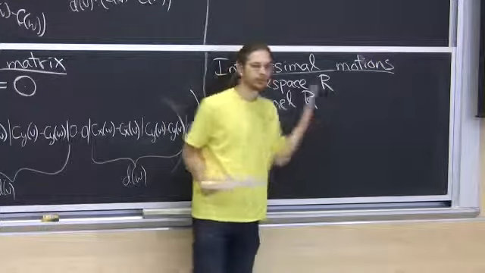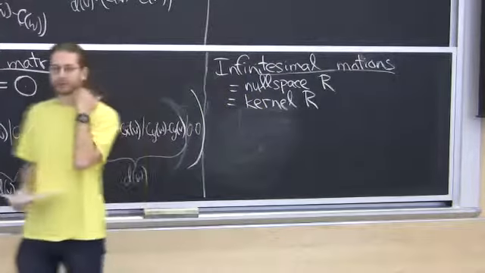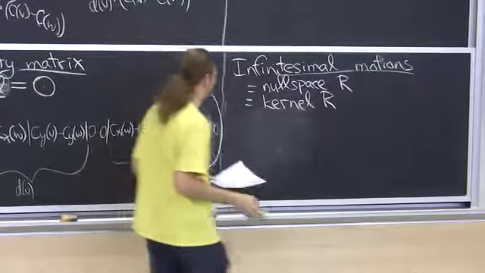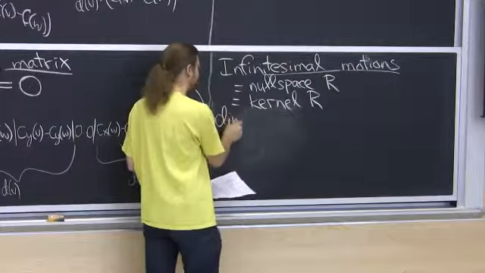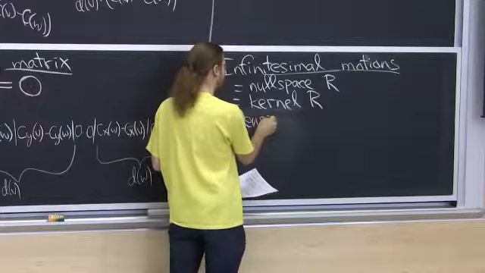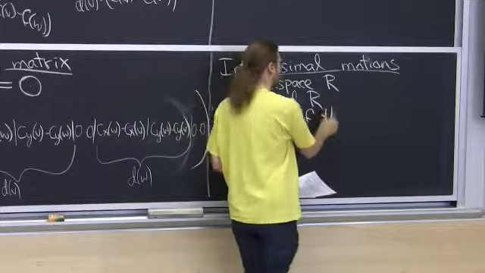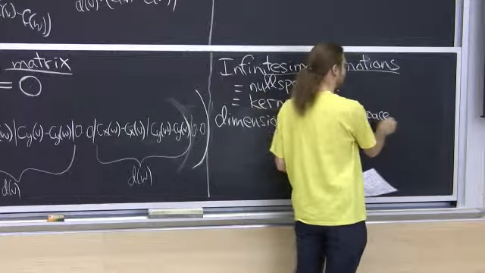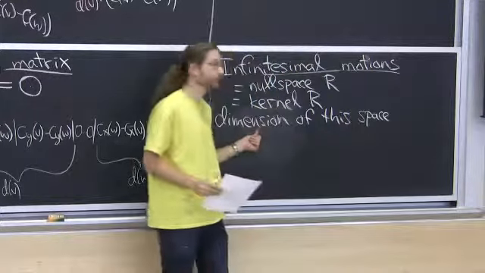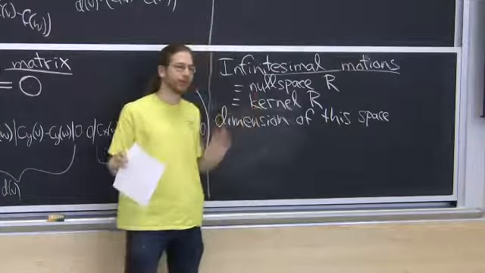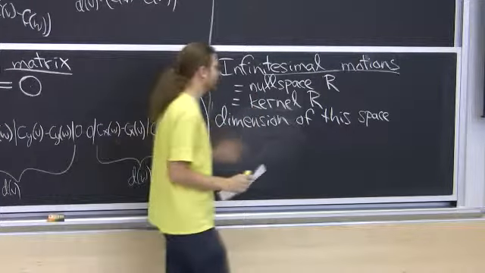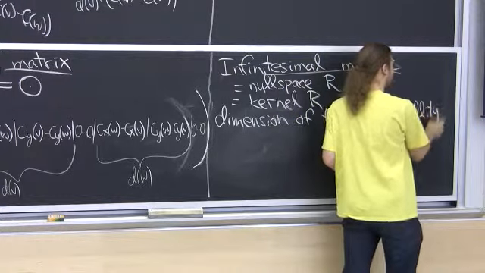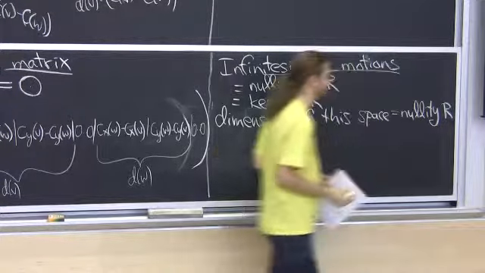And so what? Well, this lets us use a bunch of theorems in linear algebra. So one fun fact is that the dimension of this space, the space of all infinitesimal motions, which seems like a useful thing to know. We want to know how many, this is basically the number of degrees of freedom in infinitesimal land, which is not quite reality, but it's close. This is called the nullity of the matrix. That's just a definition.